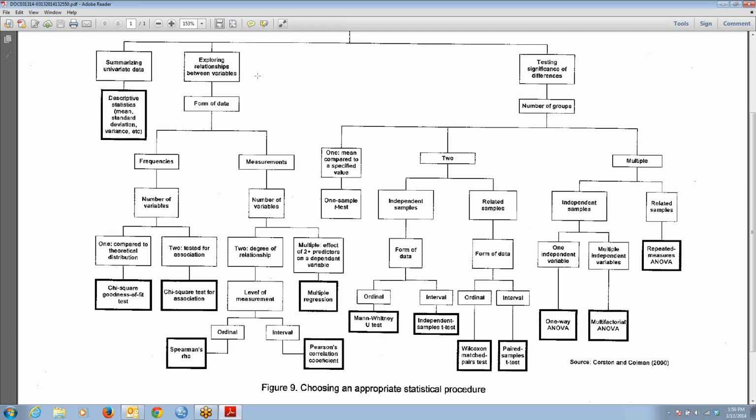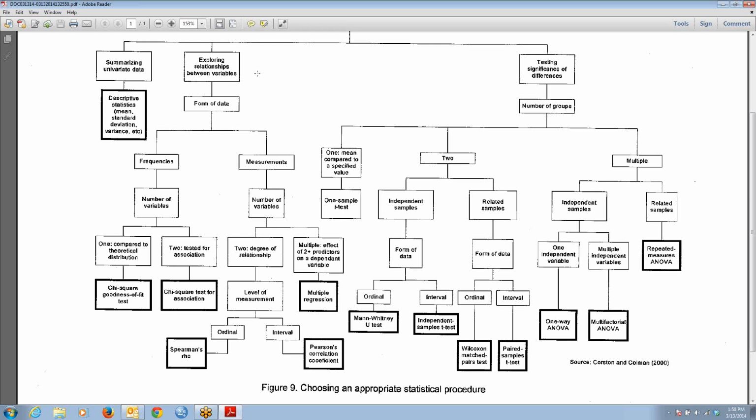Okay, so that is, in a very quick nutshell, the exploring relationships between variables side of the house. And I hope you followed that okay. Of course, you should do your reading about correlations and about ANOVA and t-tests and all these things in your textbook.